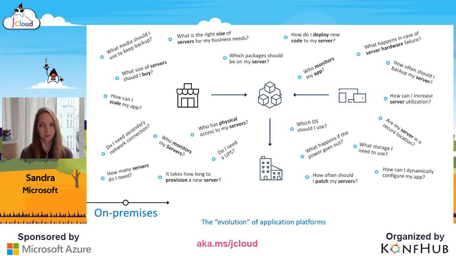What OS should I use? What needs to be installed to make my app run smoothly? I even had to take care of electricity, like what shall I do if there is a power outage, and all those kinds of things.